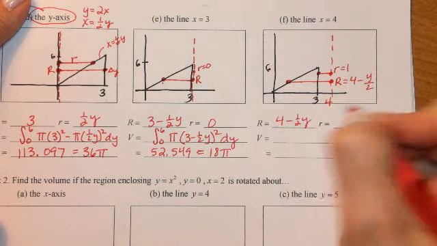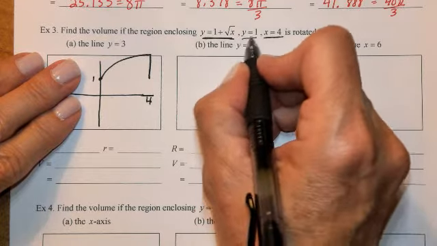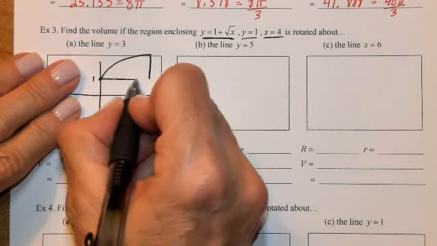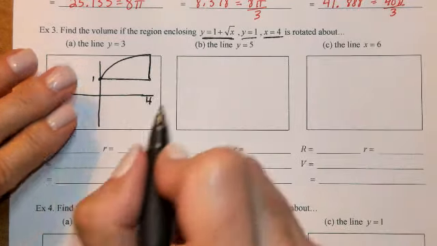When x is 4, y is 3, and so forth. So we have this square root function, something like that. I'm going to stop when x is 4 because that's one of my boundaries. Then one of my boundaries is y equals 1, so that's a boundary.